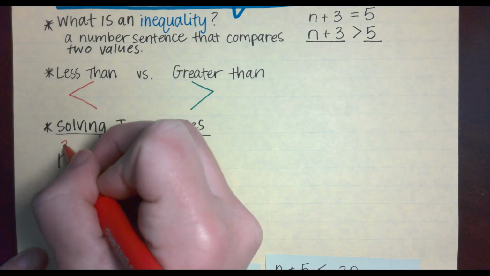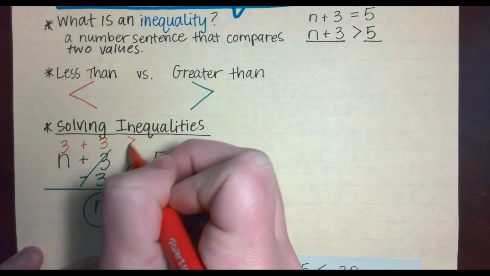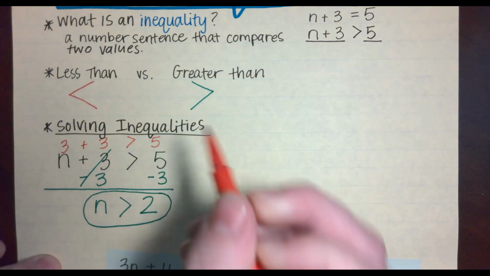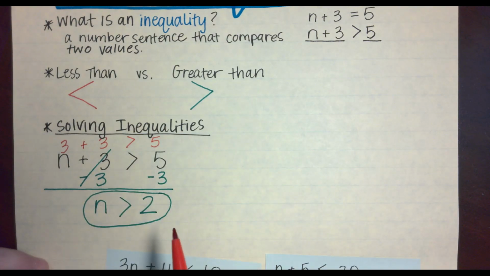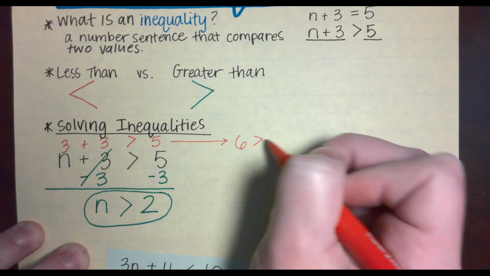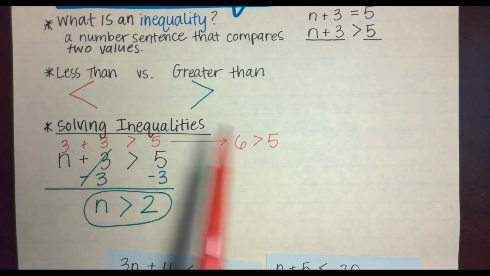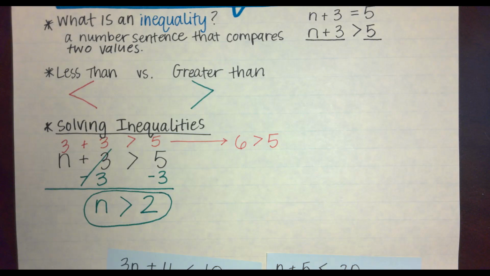So I'll write that above. 3 plus 3 is greater than 5. Is this true? Yes. 3 plus 3 is 6. And we can ask ourselves, 6 is greater than 5. Is that true? It is true. So we know that this is correct.